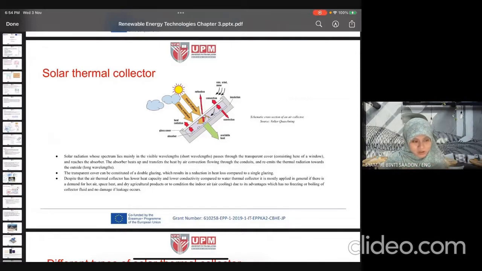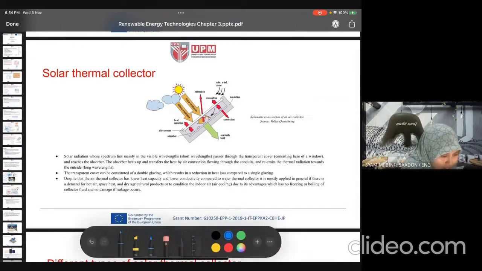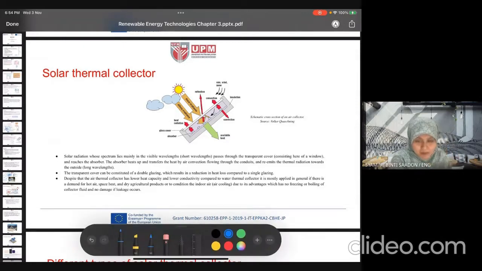That's why it is called a solar thermal collector. So basically, what do we have here? This is the schematic diagram of a solar thermal collector. This one is without PV. There is also a solar thermal collector including PV, but we will see first the one without PV, so just the solar thermal collector.